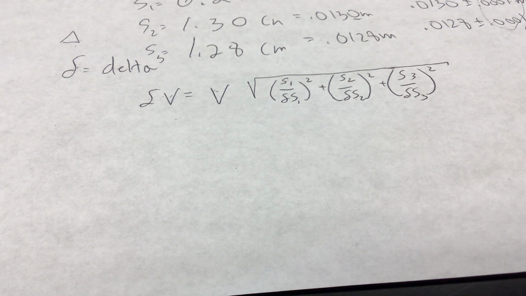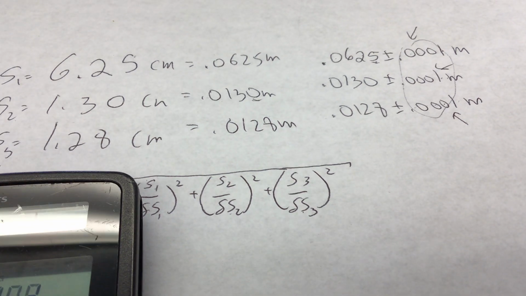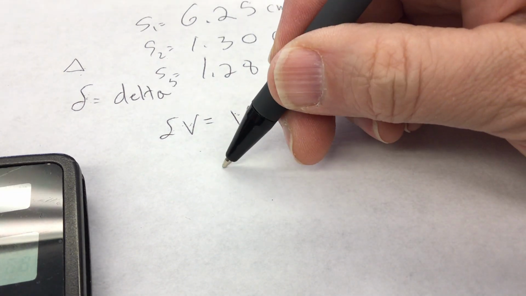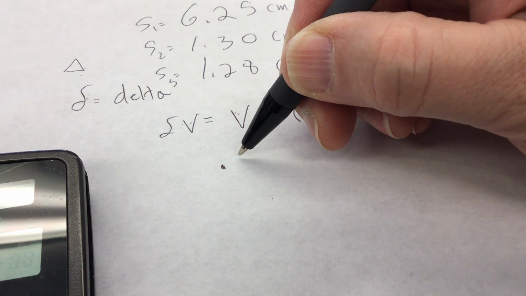So the first thing you want to do is find the volume, which you should have already calculated. You're going to put that in V. To find the volume, you take 0.0625 times 0.013 times 0.0128, and you should get a small volume in cubic meters.